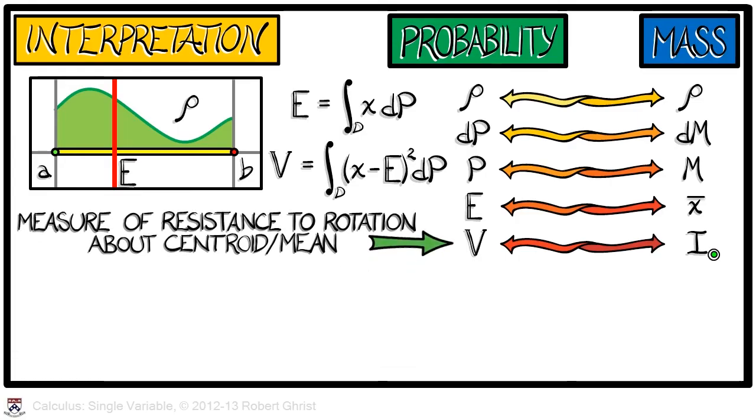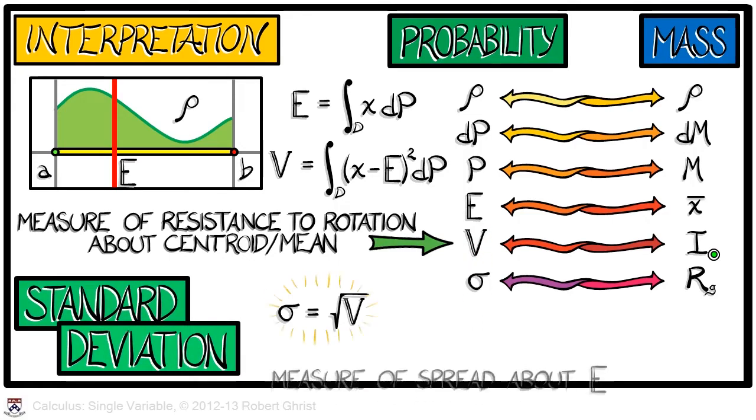That means we can think of the variance as something like a measure of resistance to rotating the domain about its mean.